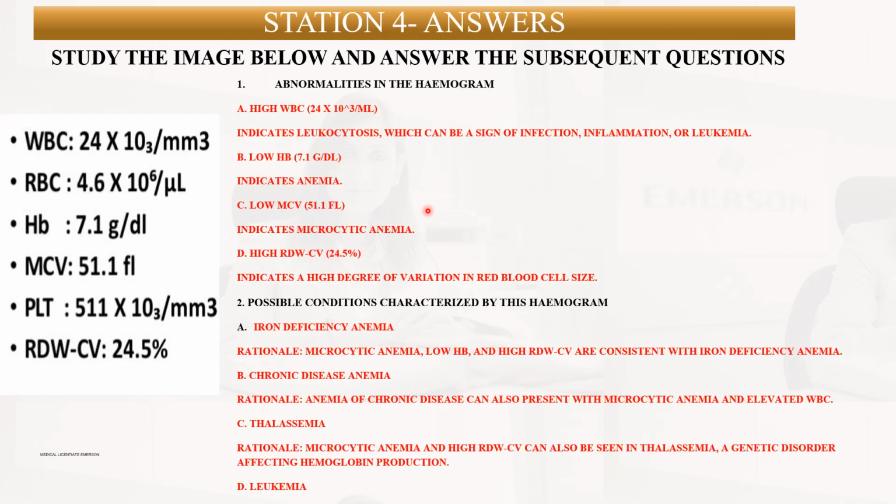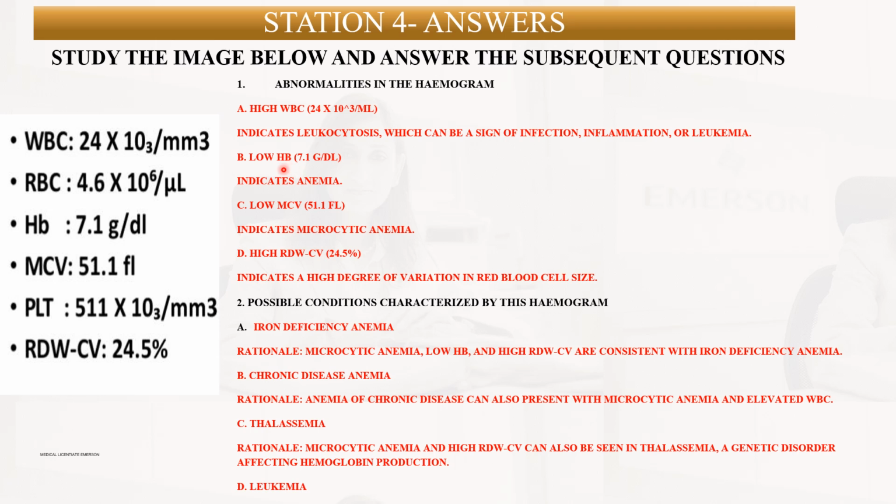Abnormalities in the hemogram include, number 1, a high white cell count. The WBC count is high, at 24. This is what we call leukocytosis, which can be a sign of infection, inflammation, or leukemia. Then the other thing which is low is the HB.